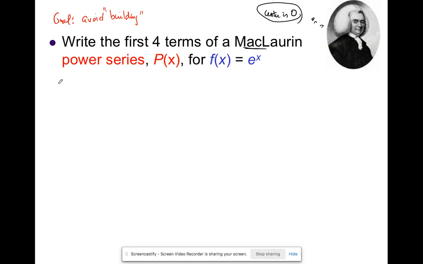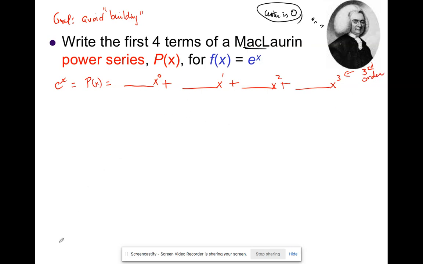The power series: e to the x is exactly equal to a polynomial series that is built. And I want 1, 2, 3, 4 terms. Since the center is 0, this is going to be x to the 0, x to the first, x squared, x cubed, meaning it is a third order because I've stopped with the third derivative.